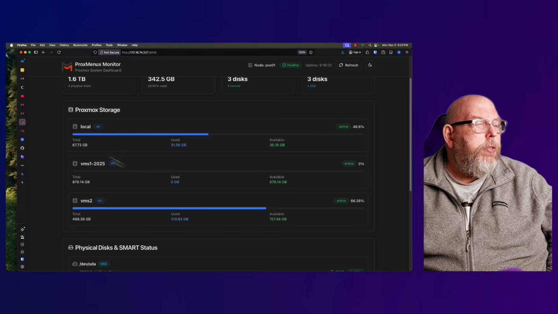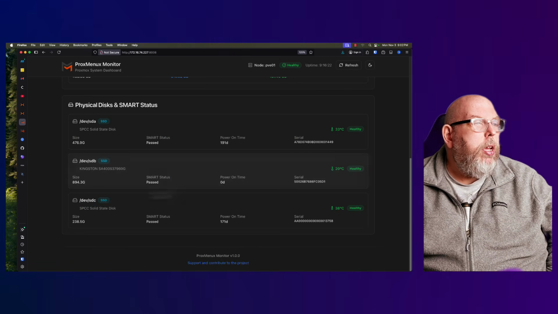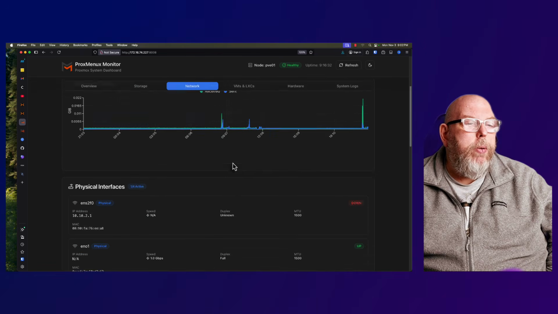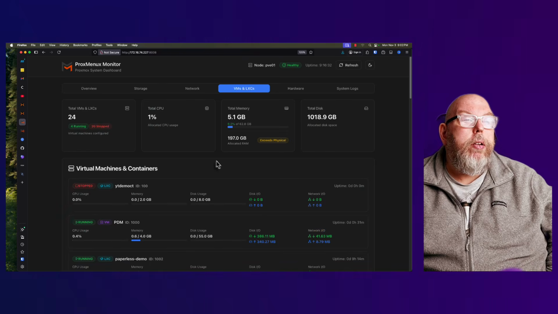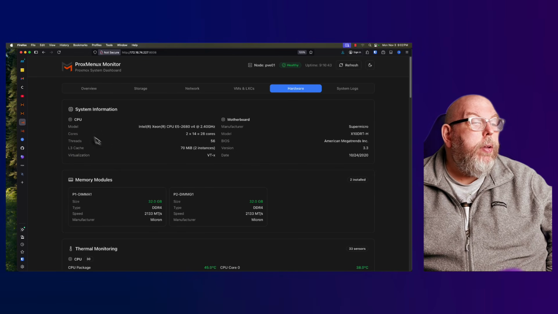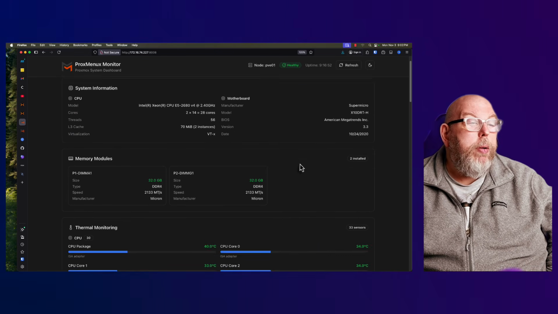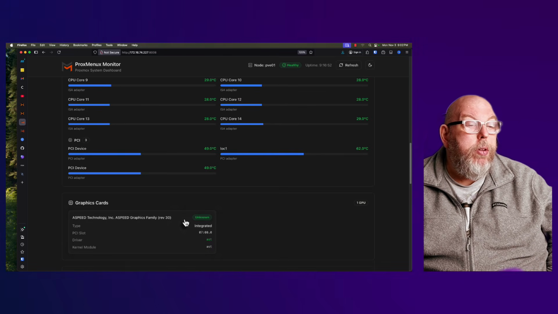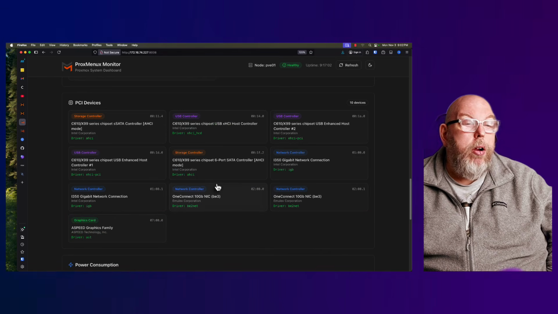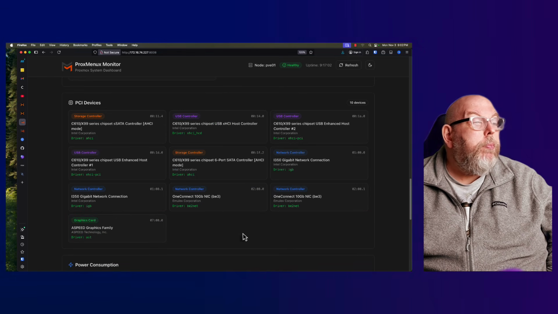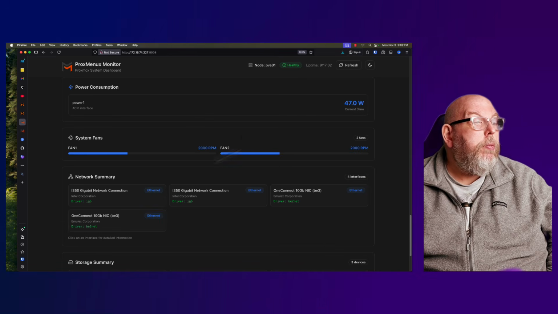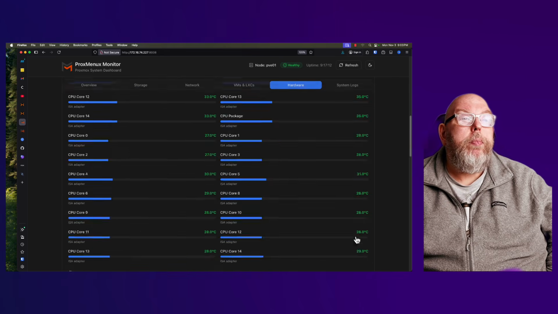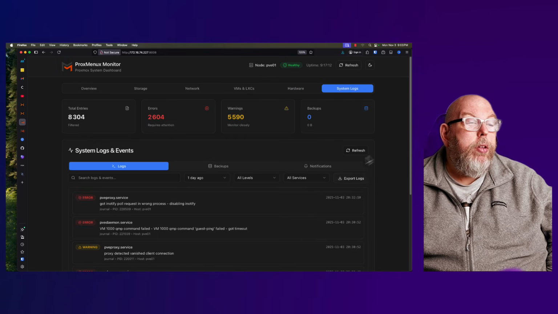So storage, it gives you information about the disks on the Proxmox host, some network information, VMs and containers, hardware, including your CPU and motherboard, memory modules, and thermal monitoring for the CPU cores, graphics cards, PCI devices, power consumption, system fans, and network summary and storage summary. And finally, you get system logs over here.